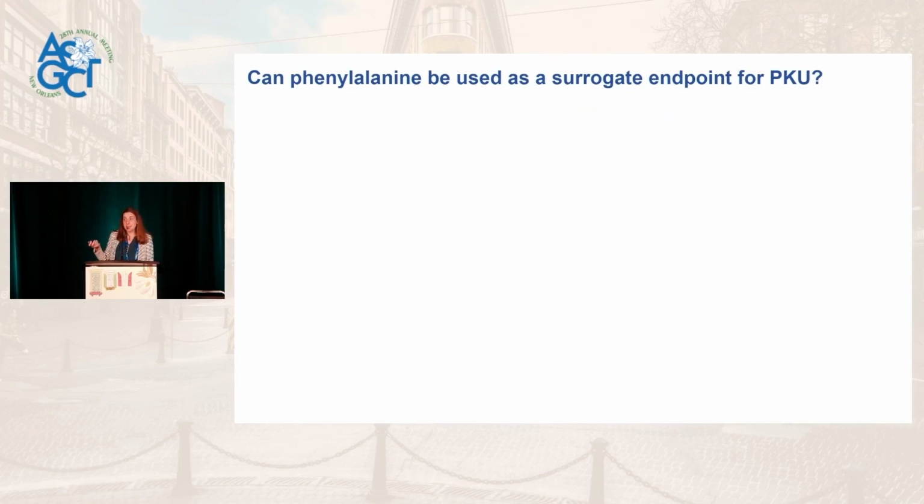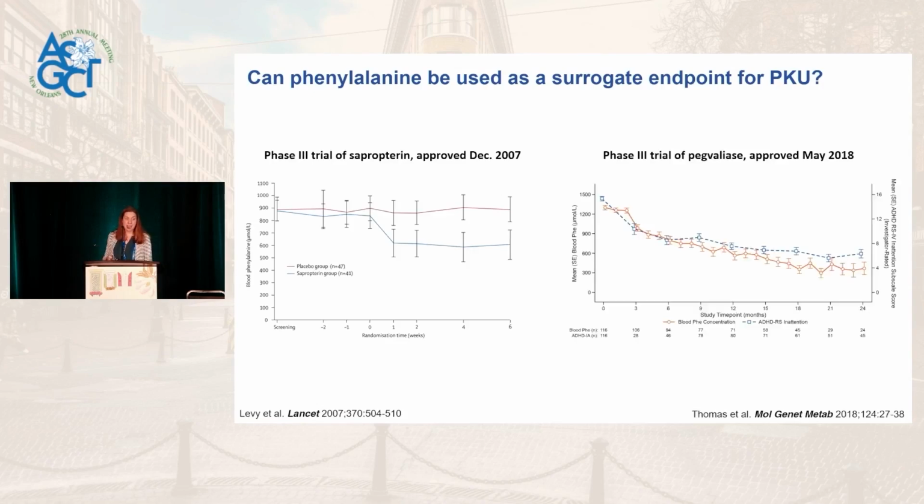And so this surrogate endpoint has been used actually for the approval of, at least at this point, 2 different PKU drugs. The first, a cofactor drug, Kuvan or sapropterin, back in 2007, and then more recently, pegvaliase in May 2018. And so this has actually been a clinical trial endpoint that has supported approval of drugs that patients take today.